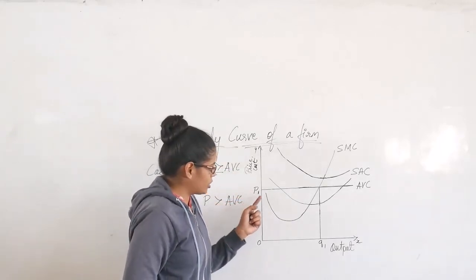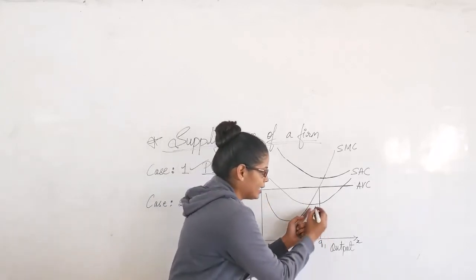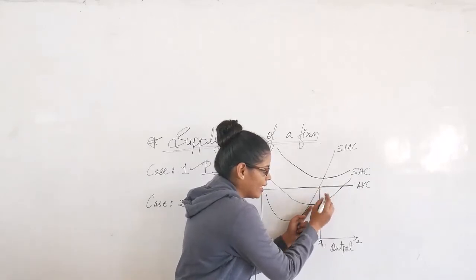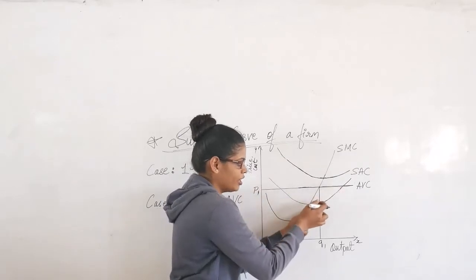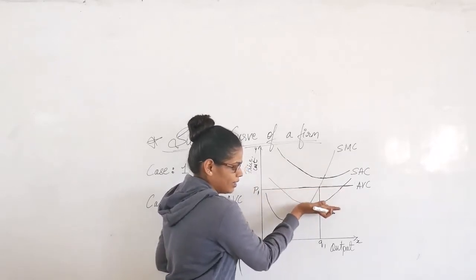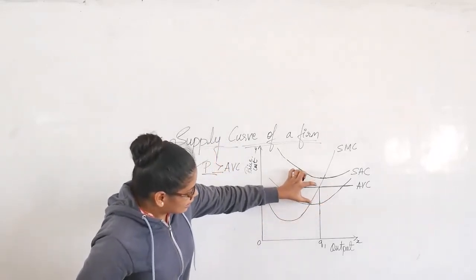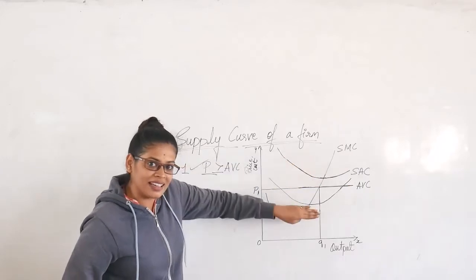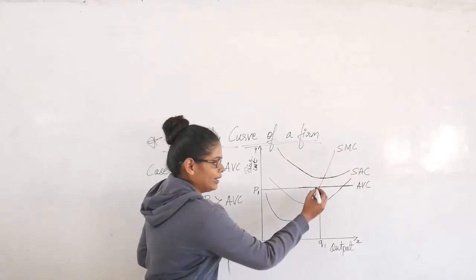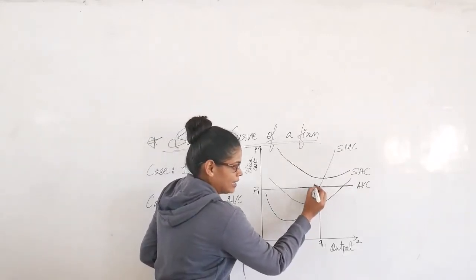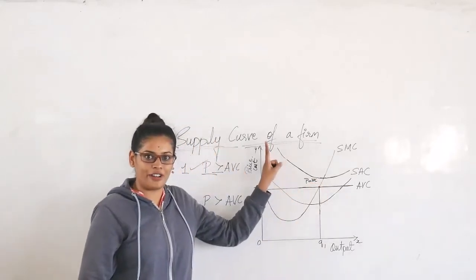You can see that the price P1 is greater than the average variable cost curve. And at this point the price is equal to marginal cost, which was our first condition.